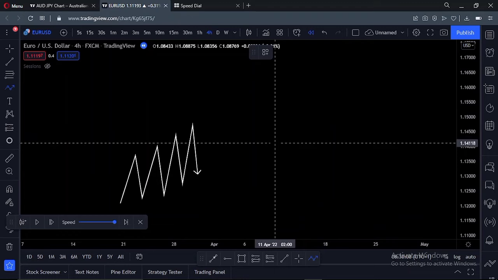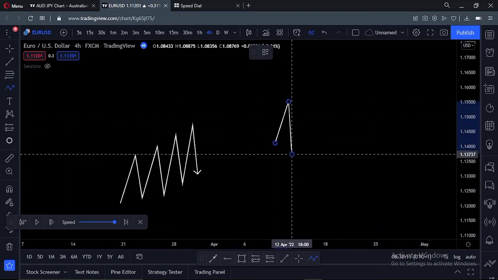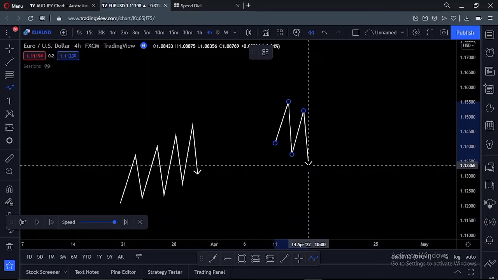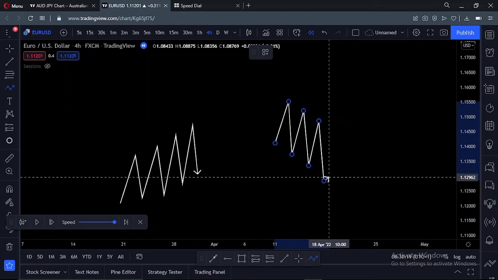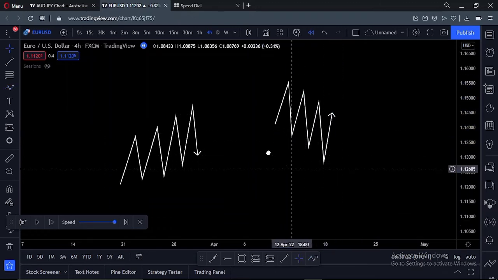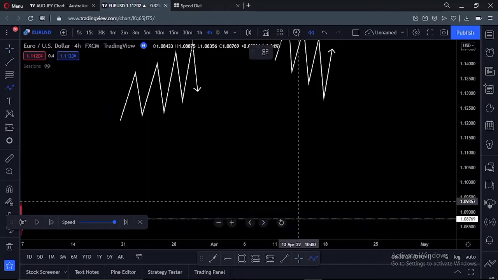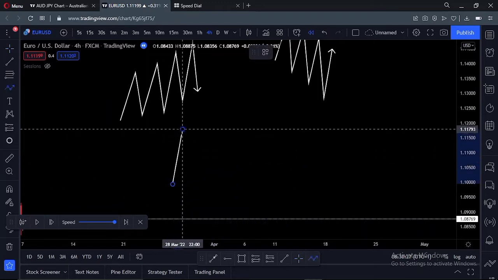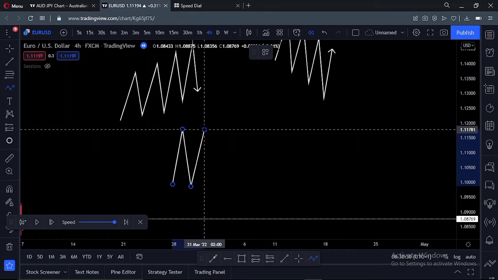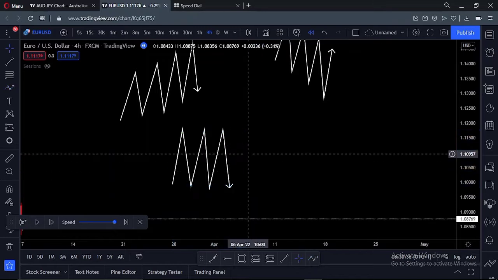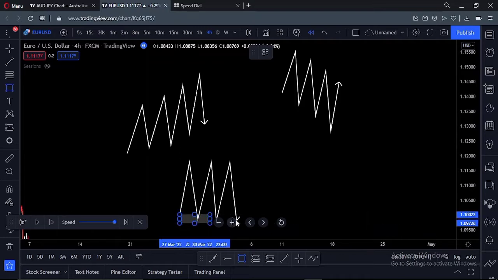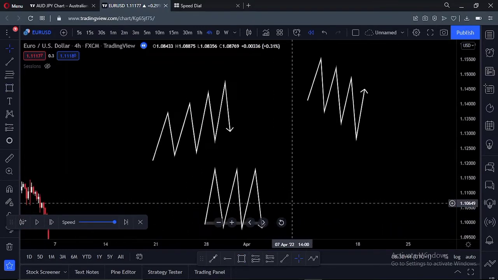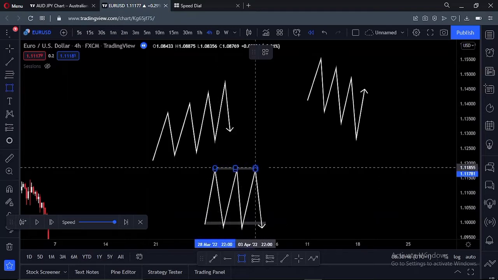Then for the bearish market structure, we have this, where price is making series of lower highs and lower lows. And we have the consolidating market structure, popularly referred to as support and resistance.